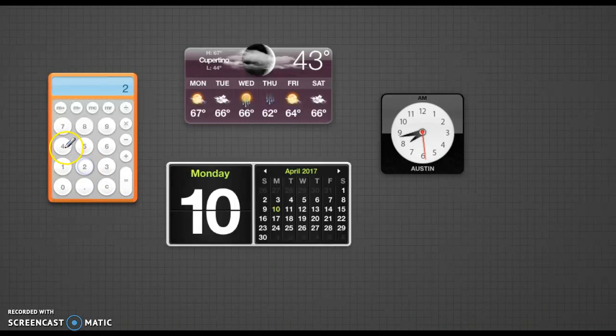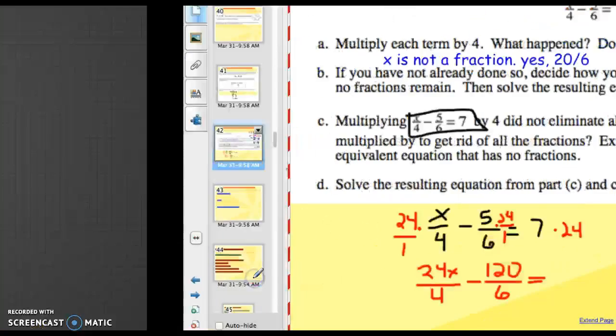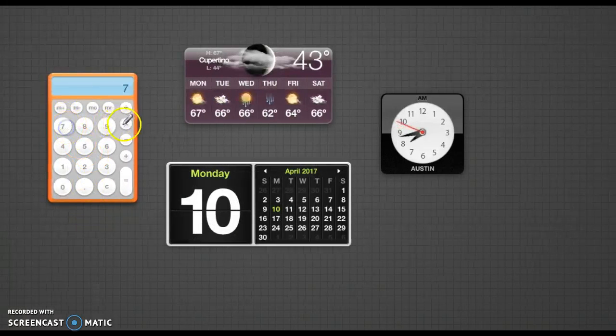What was it? 5 times 24. It's 120. So I have 120 over 6 equals 7 times 24, which is 168.